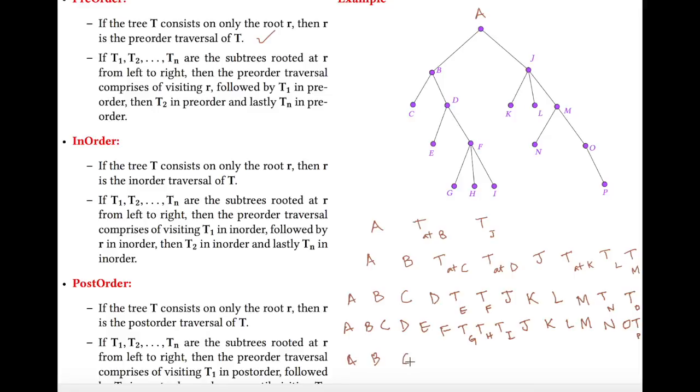A, B, C, D, E, F, G, H, I, J, K, L, M, N, O, and P. So this is my pre-order traversal of this tree.